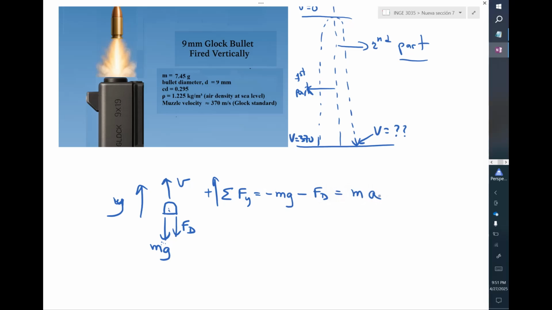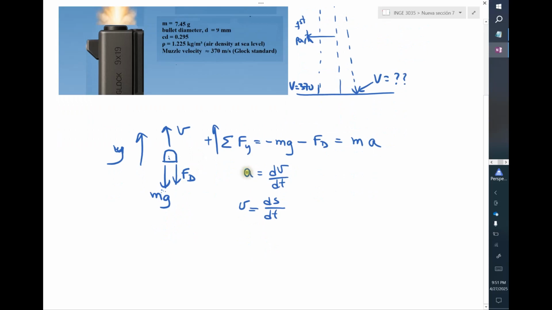Now here's the story. We also know that acceleration by definition is the change of velocity with respect to time, but we also know that the change of distance with respect to time is velocity. If we divide the first by the second, we get a over v equal dv over ds.